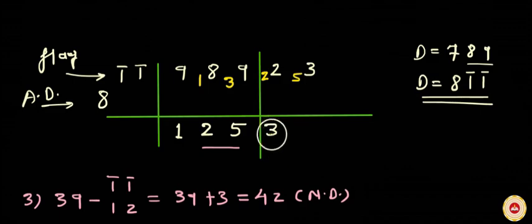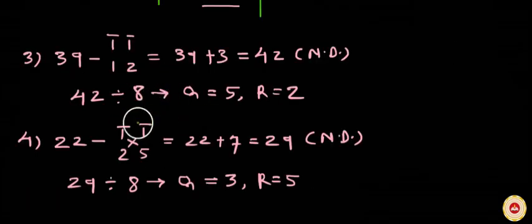We have written quotient digit 3 below gross dividend 22, and we have written remainder 5 as a prefix to the next digit in the dividend, which is 3. Now friends, read these two digits 5 and 3 as 53, which is the gross dividend. So friends, pause the video and write these two steps.